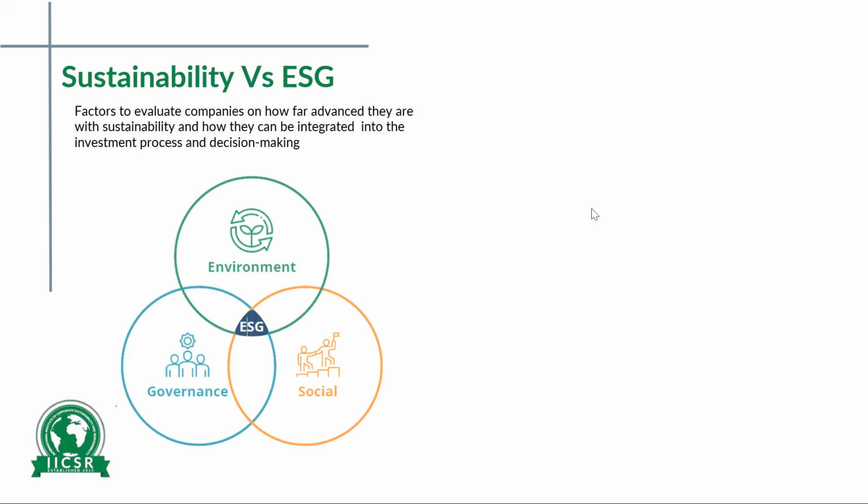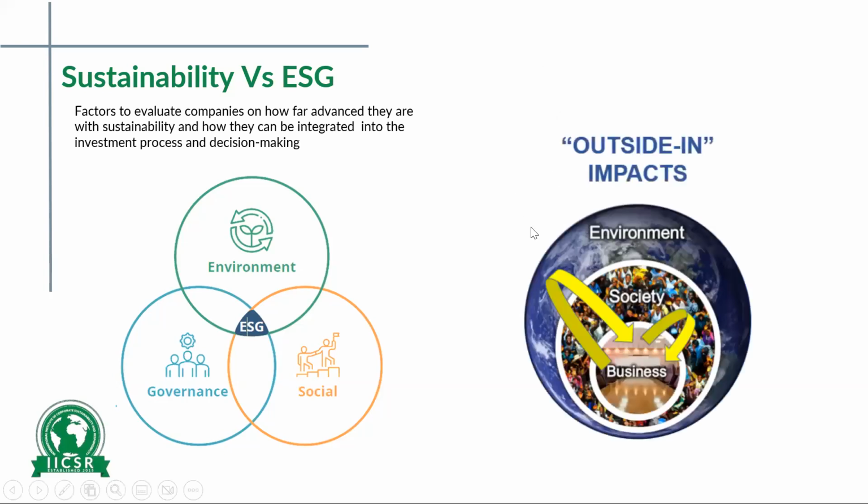Now let's see. What did we see earlier? Sustainability as a concept, how it is impacting the world, right? Here, what ESG is, it is inward looking: how the world or the external entities impact the company or an investment.